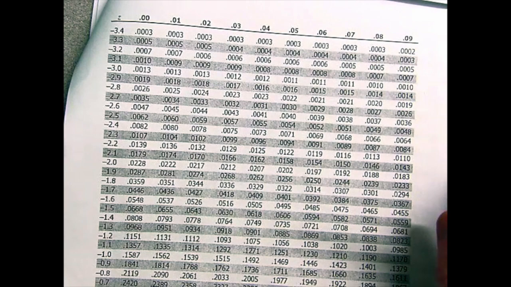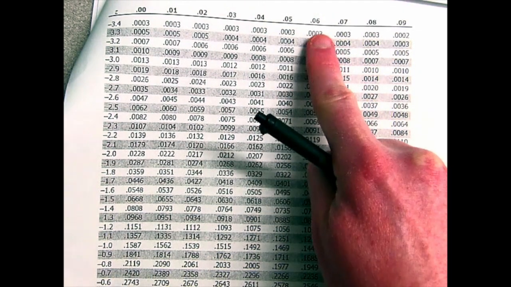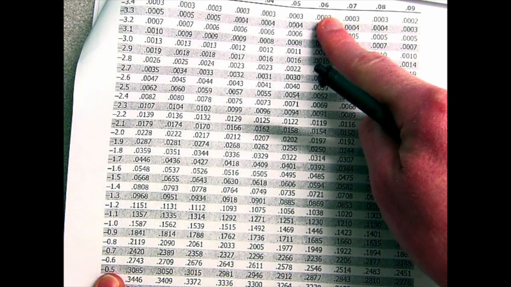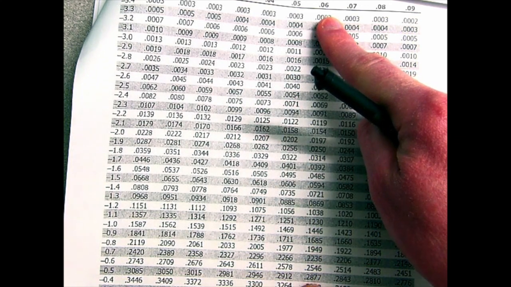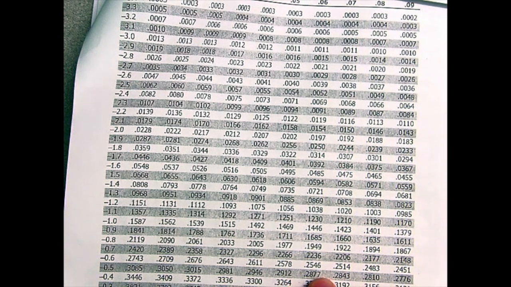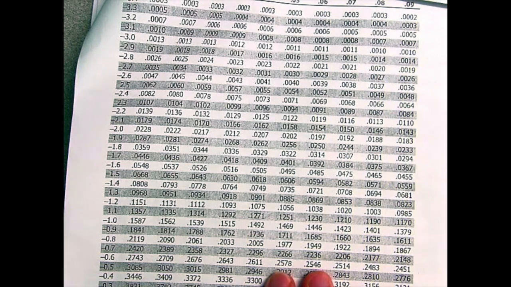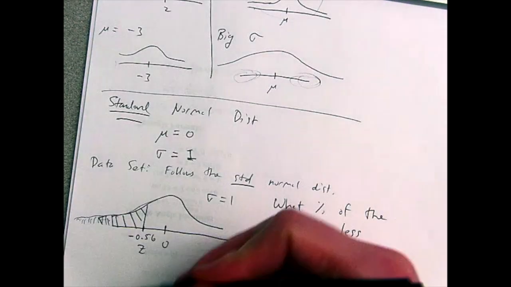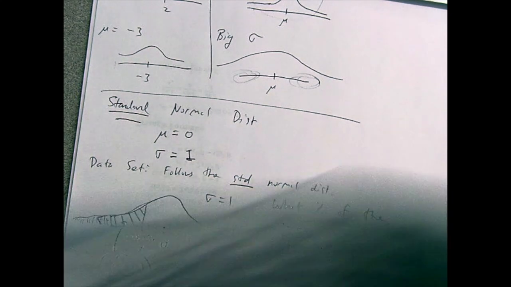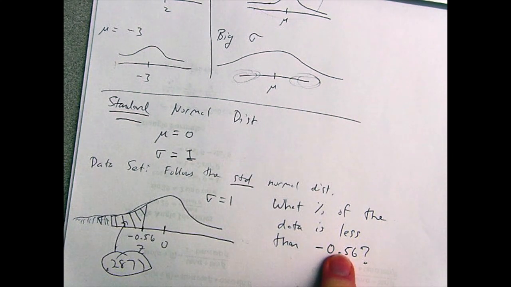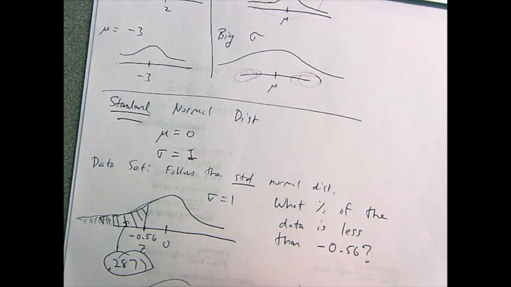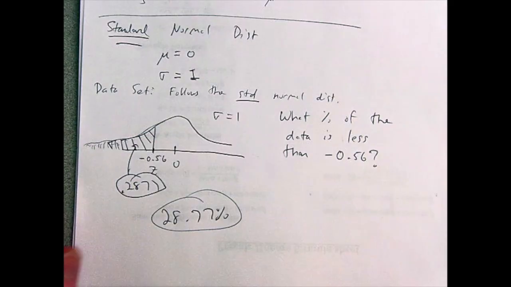So negative 0.56 is the intersection of this row and this column, and it looks like 0.2877 right down there. So the area of this region is 0.2877, meaning the percentage of data which is less than negative 0.56 is about 28.77%.